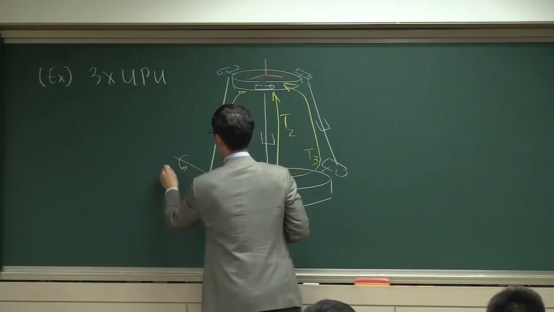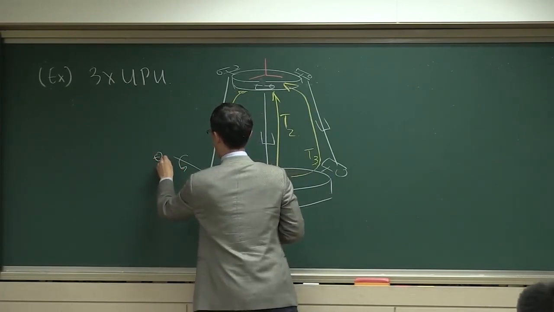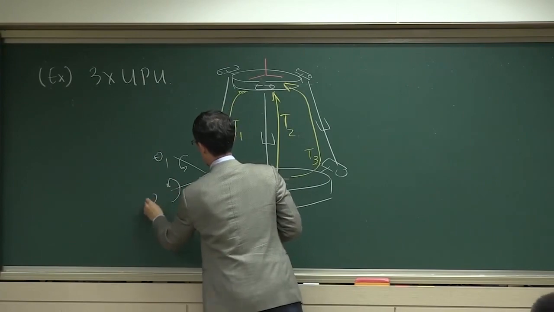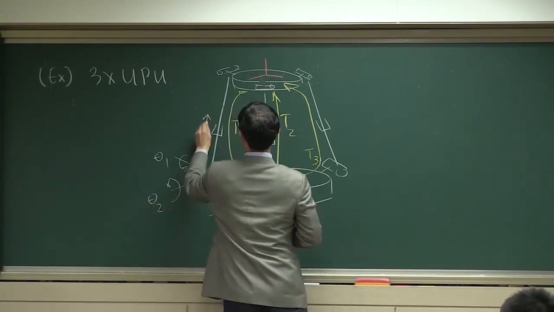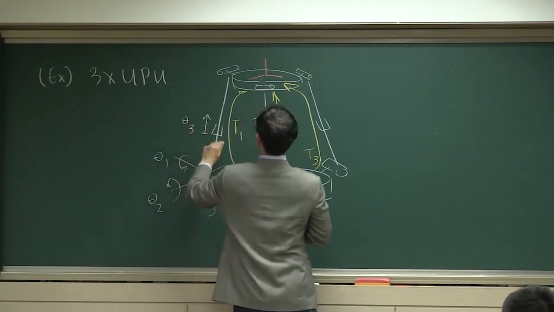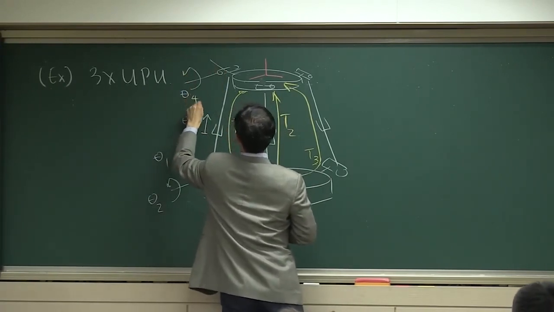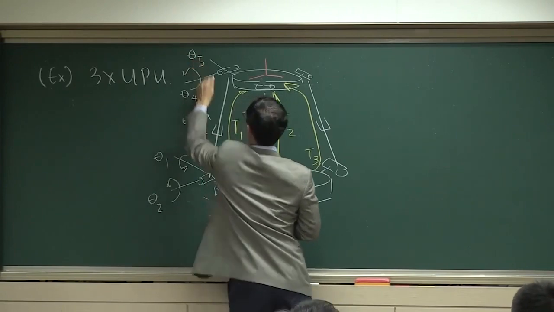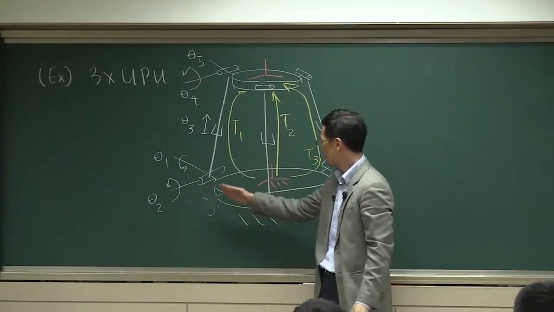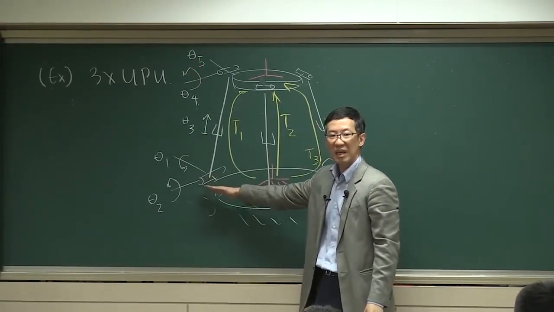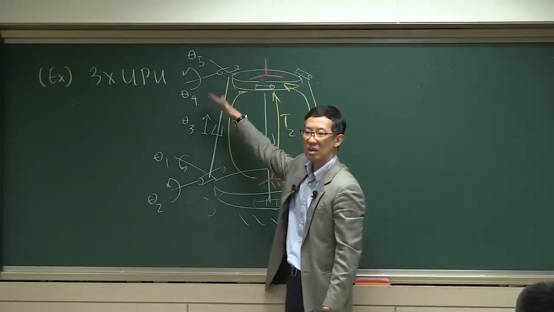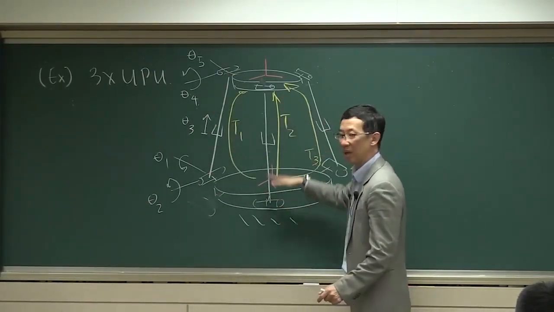All right, so let's label the joints. This joint we'll call theta 1, theta 2, theta 3, theta 4, theta 5. So we'll say that the joint at the base is theta 1 and work our way up to theta 5. Same thing here.